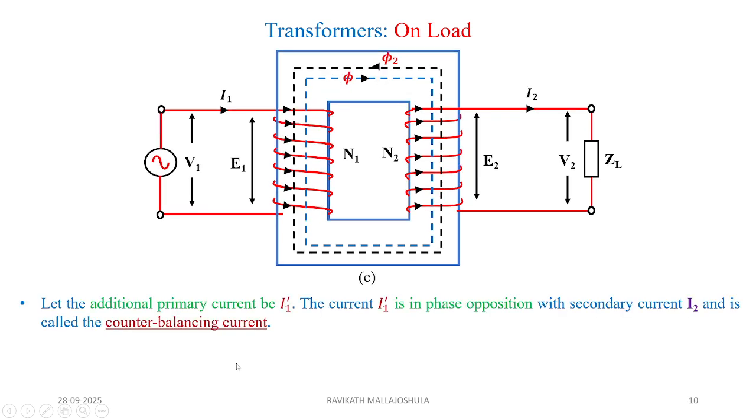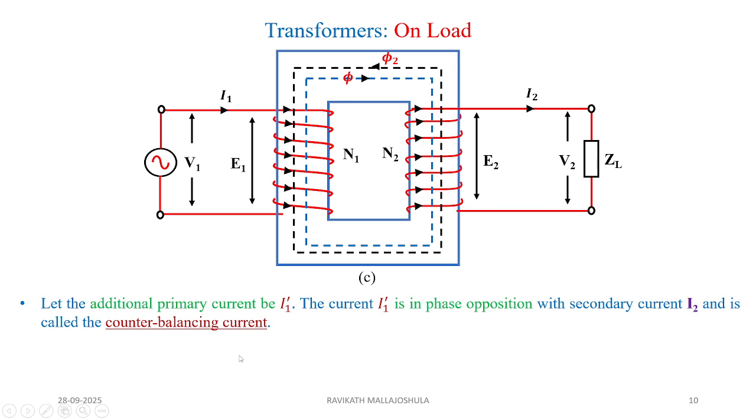Now what happens with this? Let us assume that the additional primary current is I1 dash, which is taken from the supply. This is in phase opposition with the secondary current I2, which is already over here, and is called the counterbalancing current.